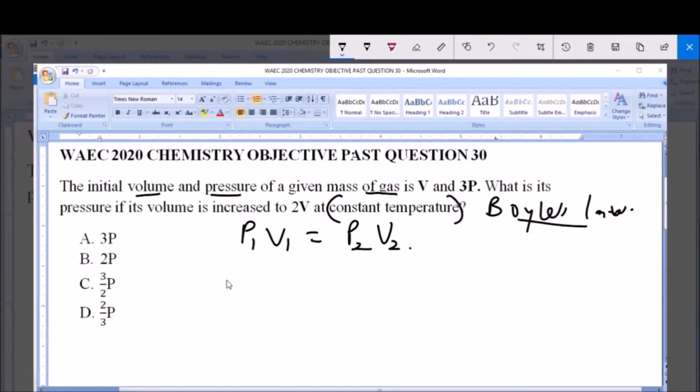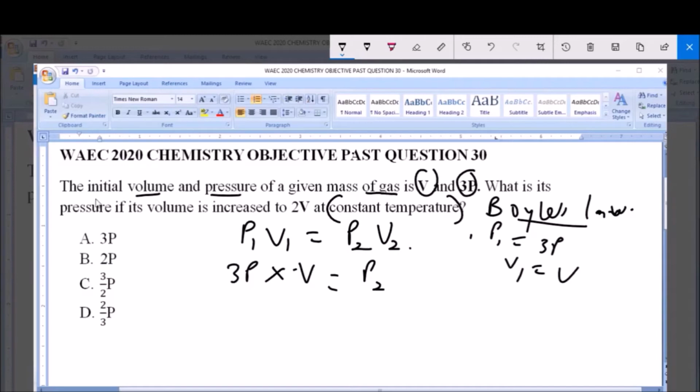So let's substitute the values into this formula. So our P1, which is our initial pressure, is 3P. That is 3P multiplied by V1, initial volume, that is V, is equal to P2, the pressure we are looking for, the final pressure, multiplied by the final volume, which is V2, 2V.